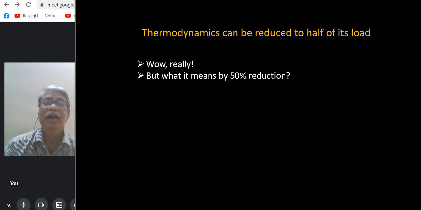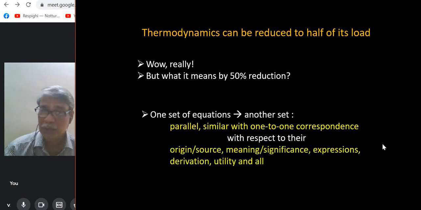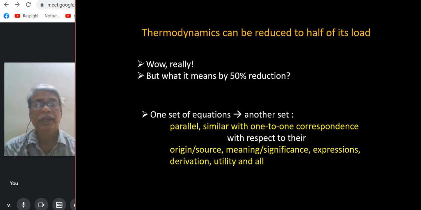Wow, really? But what does a 50% reduction of its load mean? Let me explain. Suppose you are considering the whole set of equations, a lot of equations, and we divide them into two sets, one half of the thermodynamic equations, and if you get the other set of equations parallel to the first one, similar to the first one, with one-to-one correspondence with respect to origin, source, meaning or significance, expressions, derivations, utility, and whatnot.